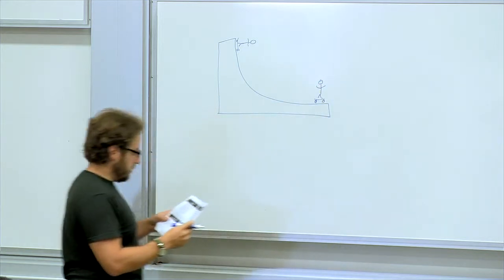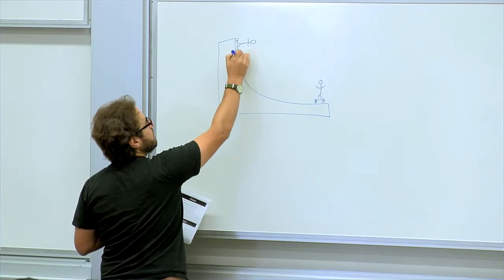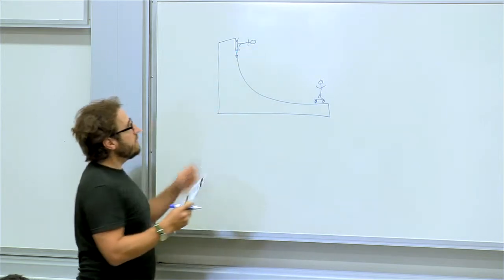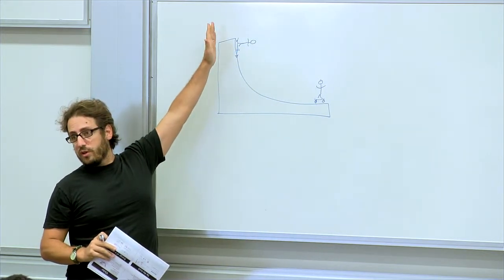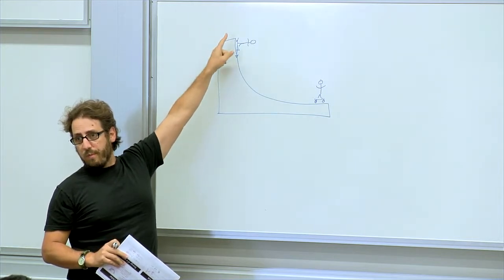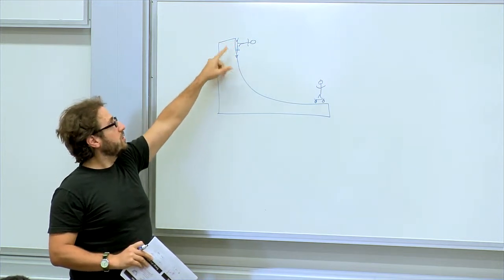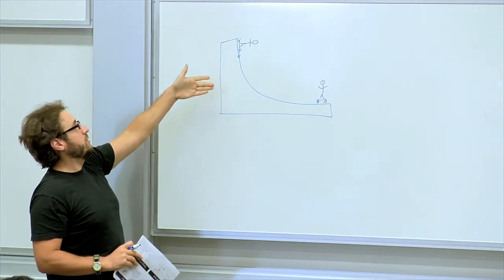So when he starts up here at the top, gravity is pulling him down. And if this is totally vertical, what is the normal force on the skateboarder at this point? Zero, because he's not exerting any force on the circle. He's basically falling next to it.